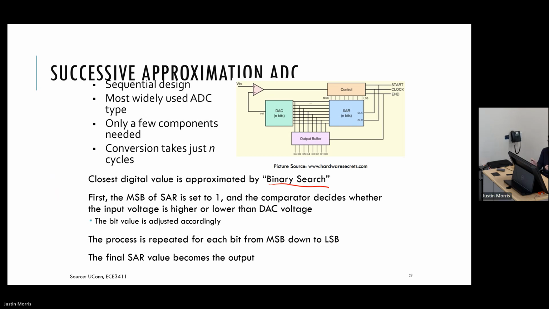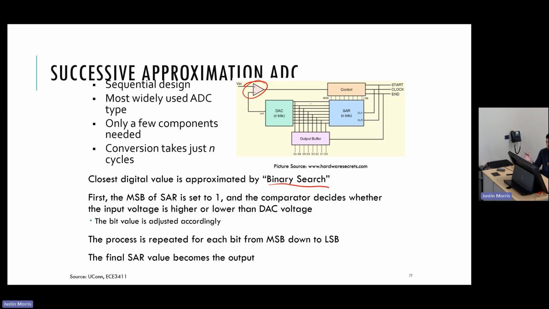And then based on the comparator, if the input is greater than the middle interval, then we know that we only have to now search the upper half, right? So just in one cycle, we got rid of half of the possible values.